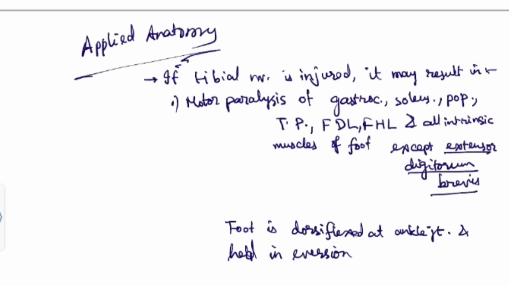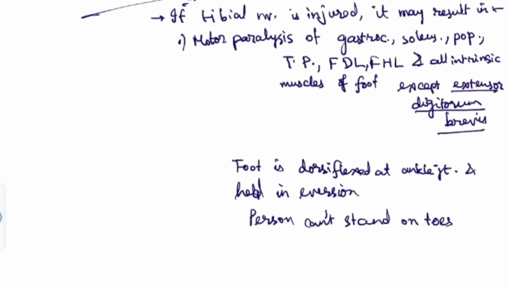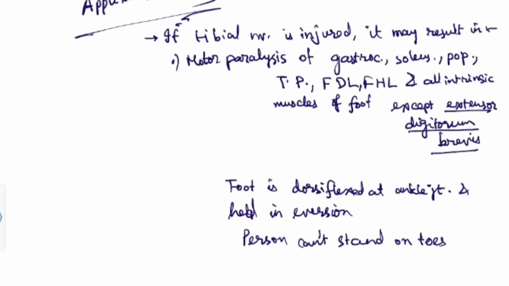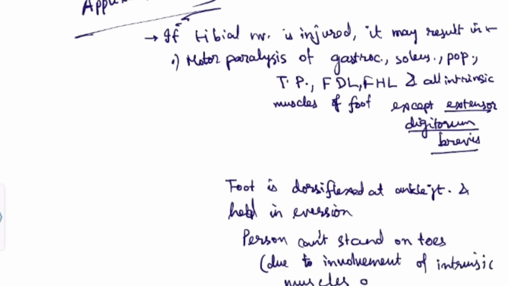So due to the unopposed action of the common peroneal nerve supply, the foot is held in a dorsiflexed and everted posture. The person cannot stand on his toes. Tibial nerve basically supplies the intrinsic muscles of the foot, hence the involvement of intrinsic muscles.